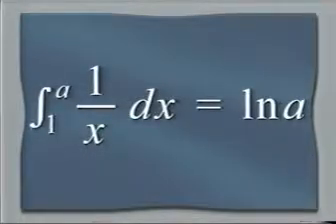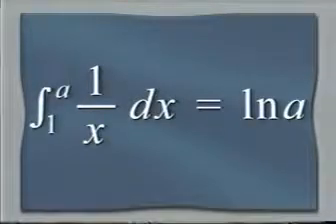And of course you get the natural log of a minus the natural log of 1. Where's the natural log of 1 in the equation on your screen? Well, let's see. The natural log would be the power that I must raise e to get that number. What power do I raise e to get 1? 0. So the log of 1 is 0, and of course, therefore, the natural log of a minus 0 is the natural log of a.